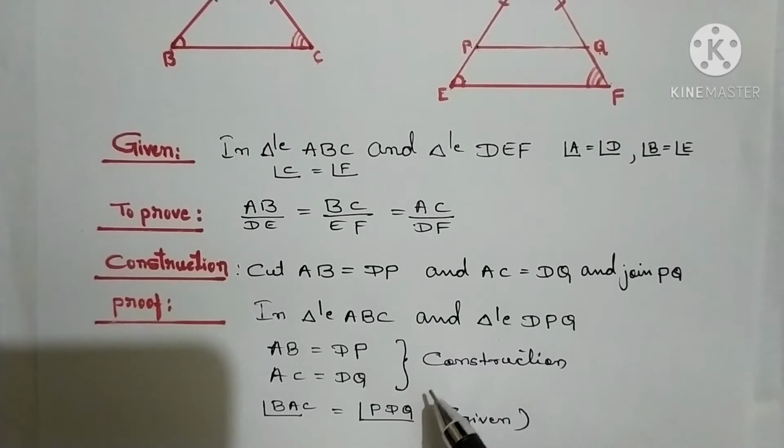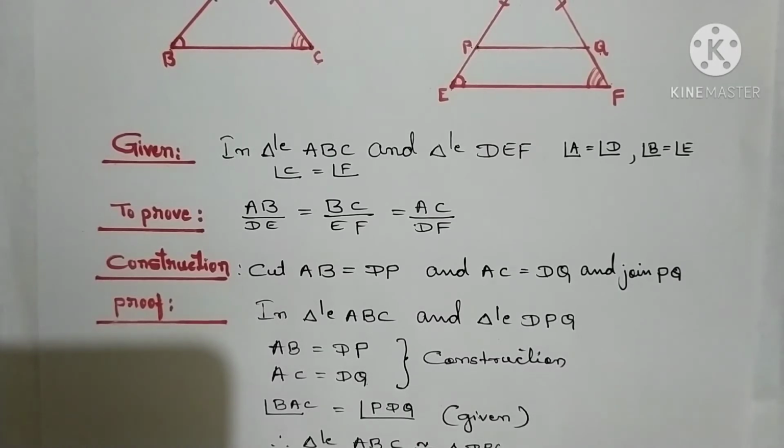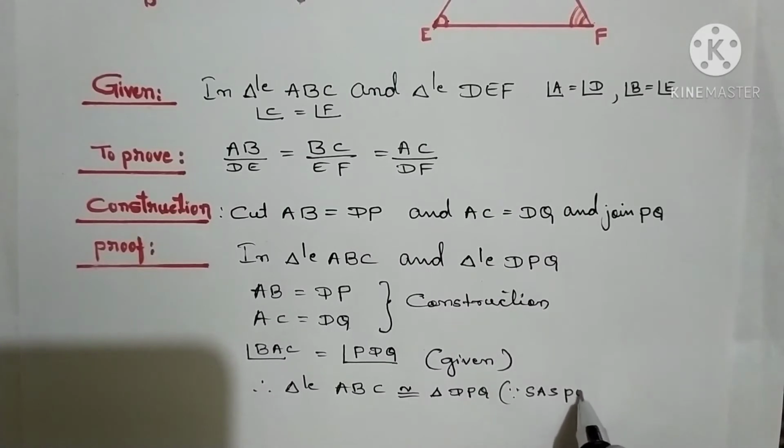Now see here, we got two sides and one angle. Which postulate do we get here? Yes, the SAS postulate. Therefore, triangle ABC is congruent to triangle DPQ, according to the SAS postulate.